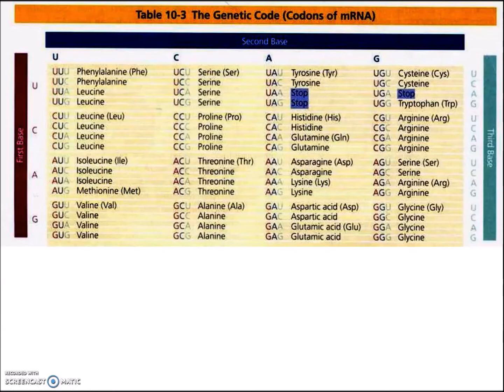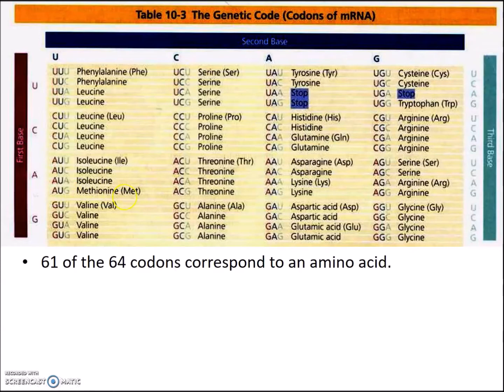Now, proteins do get processed before they're ready to do their job in the cell, so the methionine may get cut off, but that's the start signal. Okay, so of the 64 triplets, 61 of them correspond to an actual amino acid. The other 3 are stop signals, UAA, UAG, and UGA.